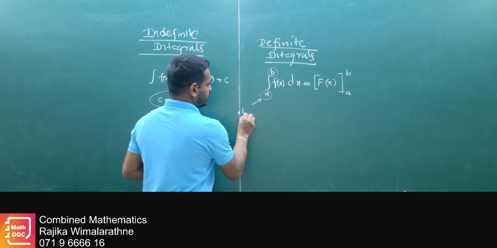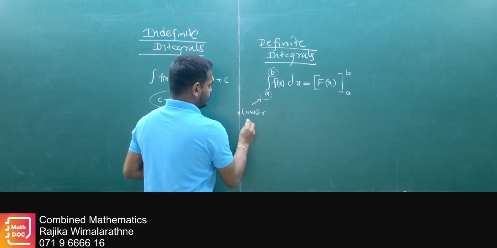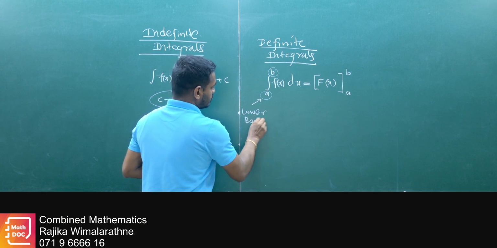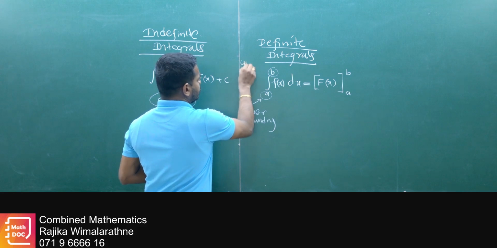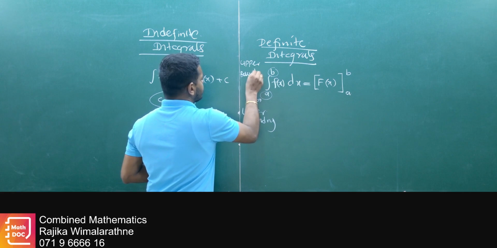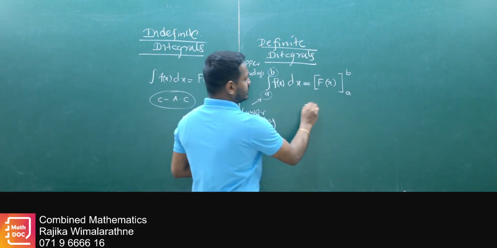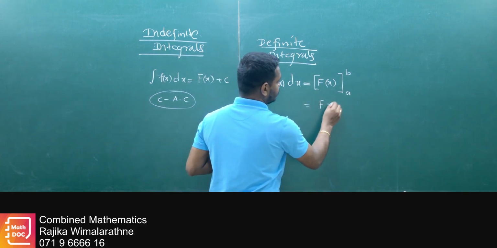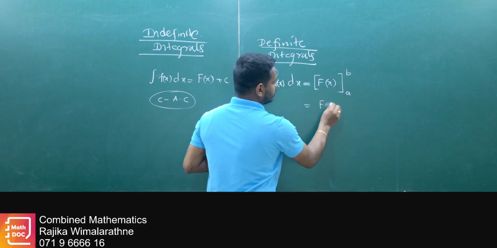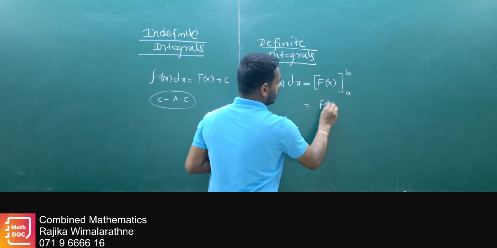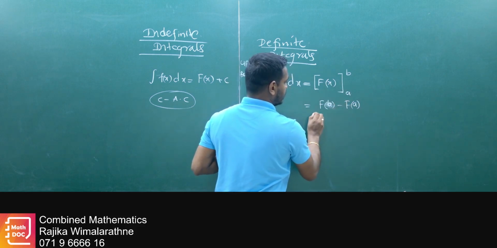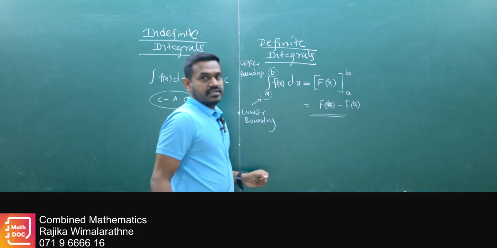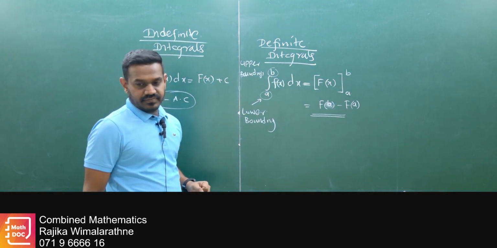Then for this case we write capital F. In the upper boundary we substitute into the function first, then substitute the lower boundary, then subtract. Here is the final answer. Then that is the definite integral.